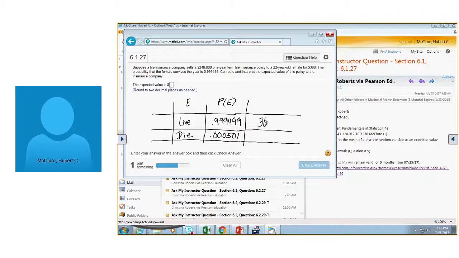If you die, then the insurance company has to pay out $239,640. Somebody do that math. And that's where the numbers come from.